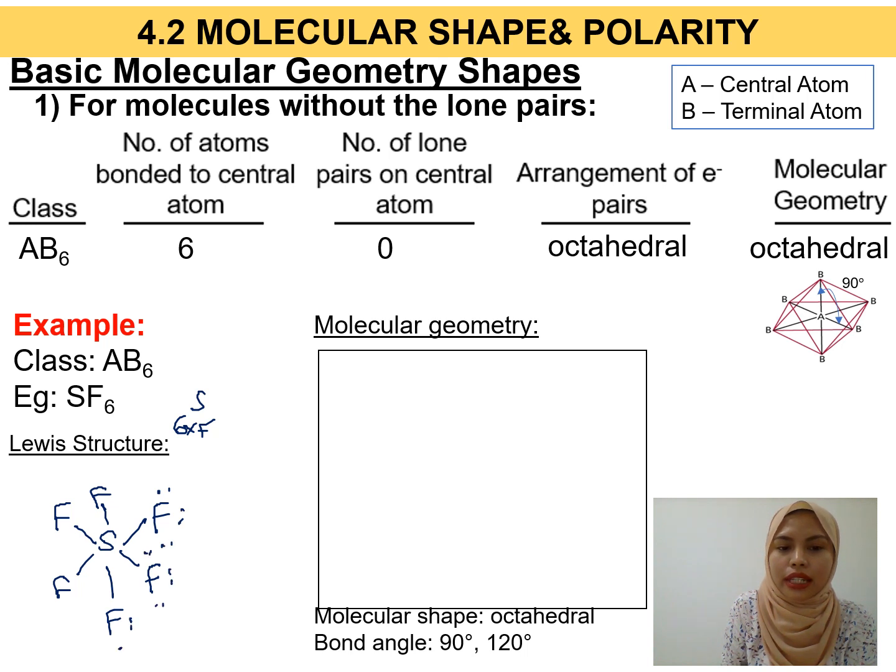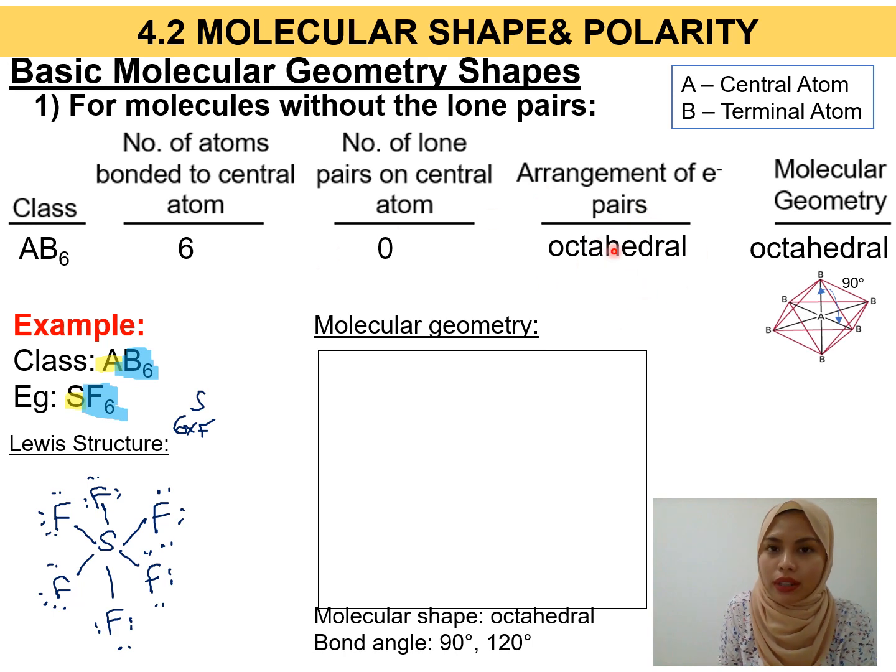Okay, selepas you octetkan di F. Okay, so you know that S ni, central atom ni, dia tiada langsung lone pair. Makanya, dia tergolong di dalam basic molecular geometry. Sebab dia tiada langsung lone pair. Tapi dia ada satu central atom dan 6 terminal atom. Therefore, you boleh rujuklah, the shape of this molecule should be octahedral.